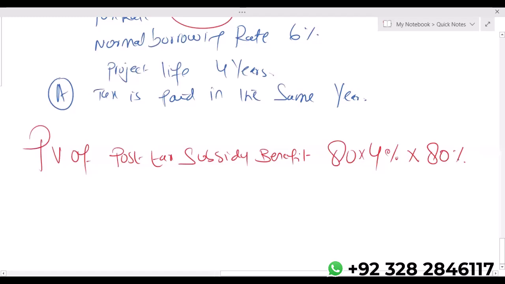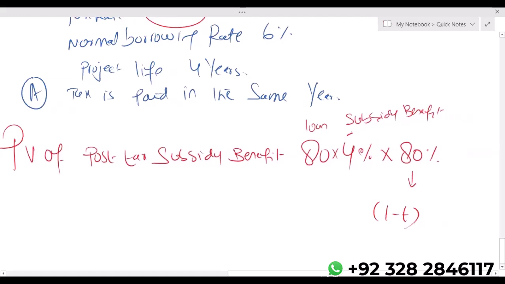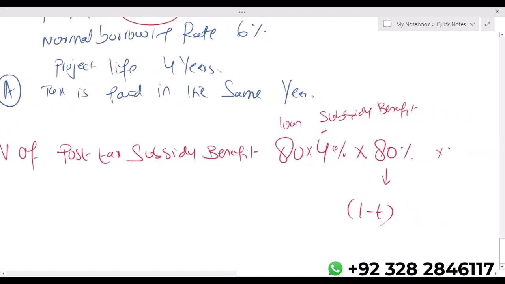Present value of post-tax subsidy benefit: I took the loan amount, 4% is the subsidy benefit, and logically this is 1 minus tax rate. Now we are paying tax in the same year, so I'll multiply this with the annuity factor.